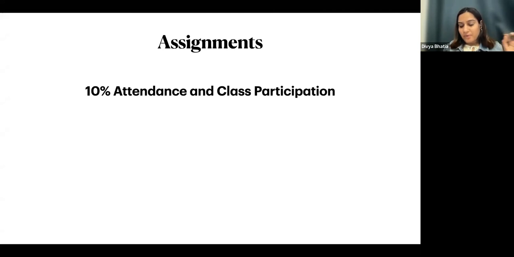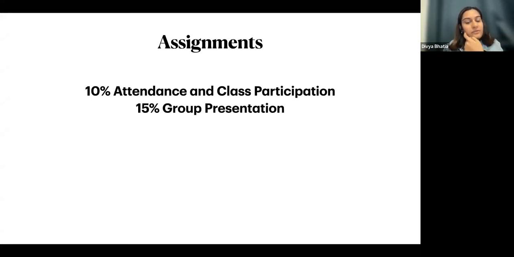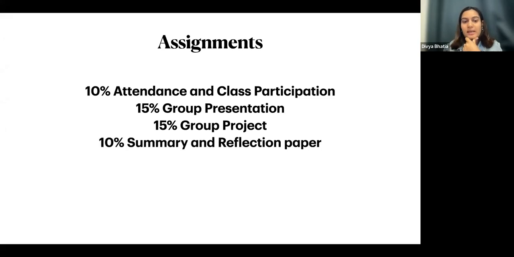So 10% is for attendance and class participation, then 15% is for group presentation, 15% is for group project, and last 10% is for summary and reflection paper. So this makes up the 50%, and the other 50% is the final exam. So far, this is the format, but it might also change, because given that it's an offline semester, it might also change to 70-30, but we are not really sure on that, and we have no information on that. So far it's 50-50%.